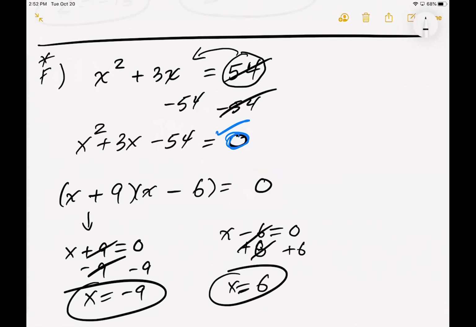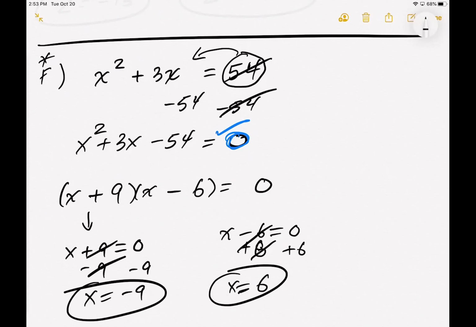So again, you see that the only thing different is we need to manipulate our equation so that it's just factor, set equal to 0, solve. If it's not equal to 0, you need to somehow manipulate it and get it equal to 0.